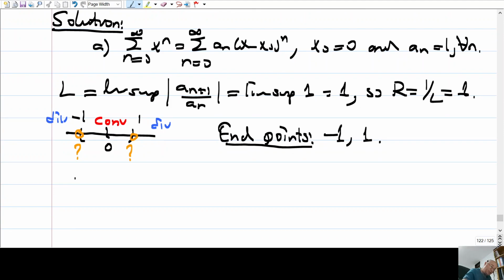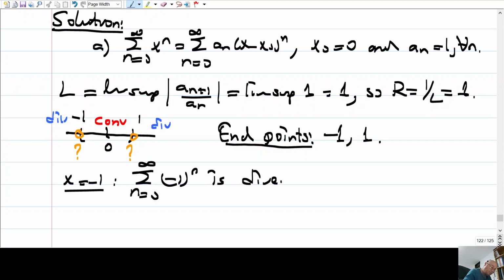So at minus 1, we have what? So I plug it here, minus 1 to the power n. Of course, this is divergent, since the general term of the series, this limit is not equal to 0.